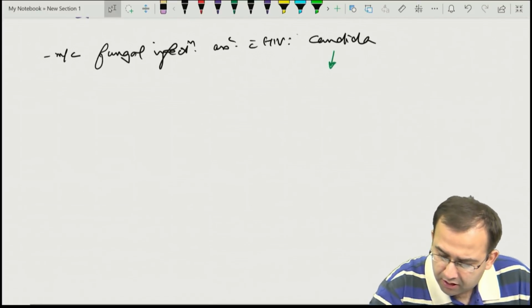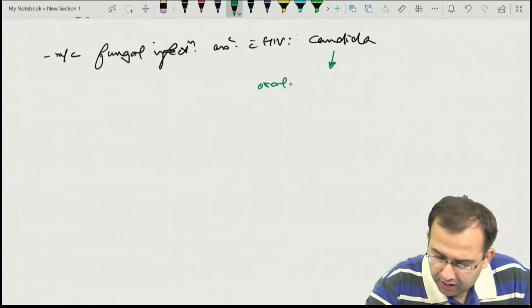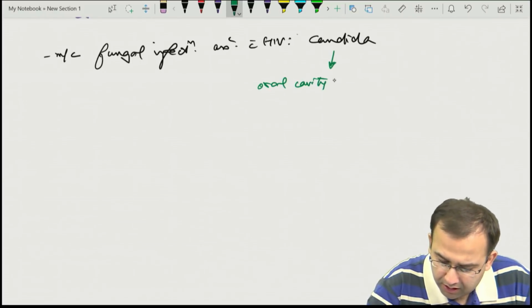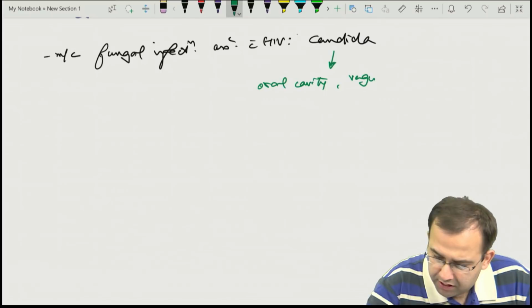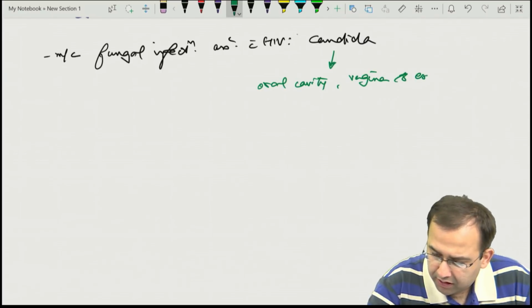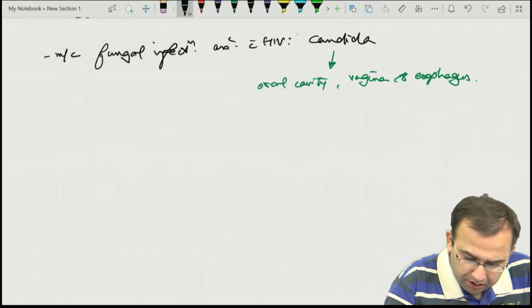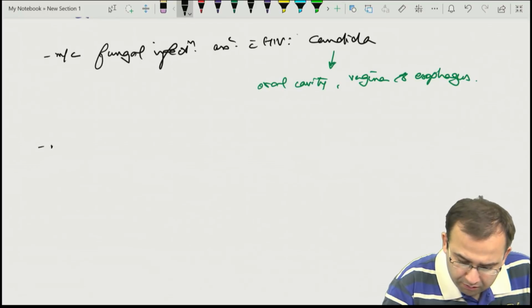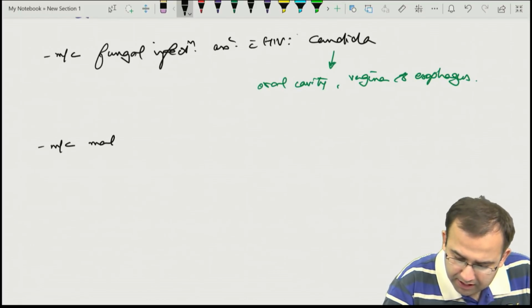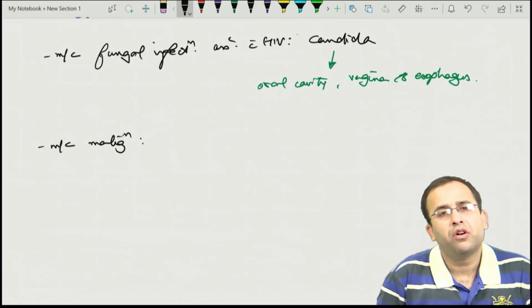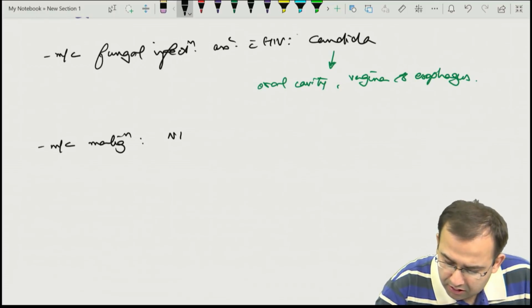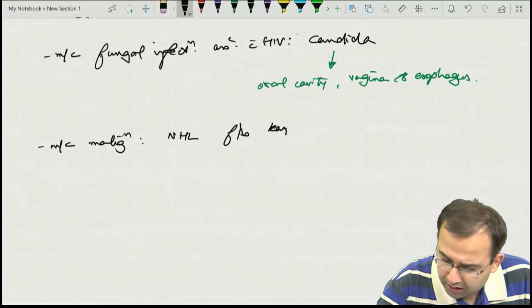It occurs in the oral cavity, esophagus, and vagina. Next point. Most common malignancy in HIV is non-Hodgkin's lymphoma followed by Kaposi sarcoma.